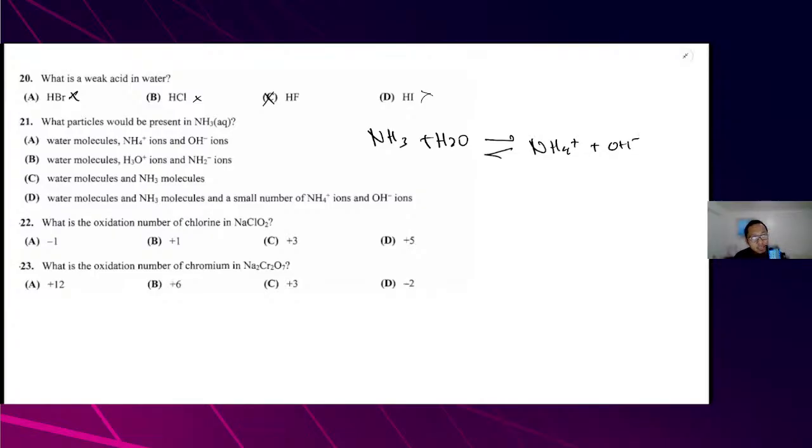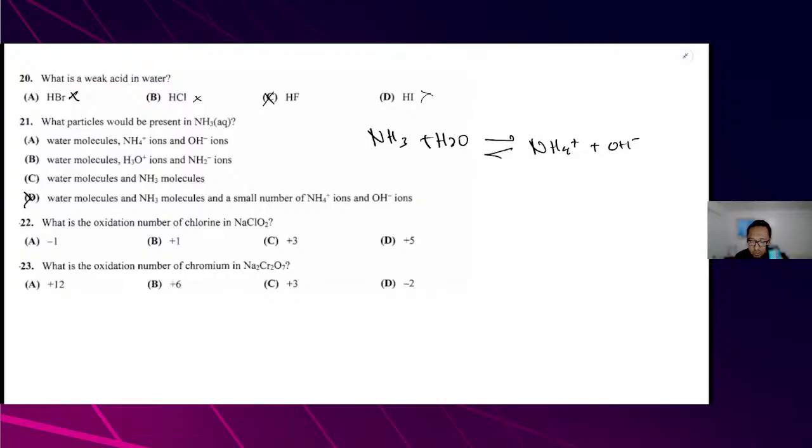That means in solution, you mostly have water molecules, and then some NH4 and some OH minus, and of course NH3 itself. So the answer will be water molecules, NH3 molecules, and a small number of NH4 ions and OH minus ions. The answer will be D.